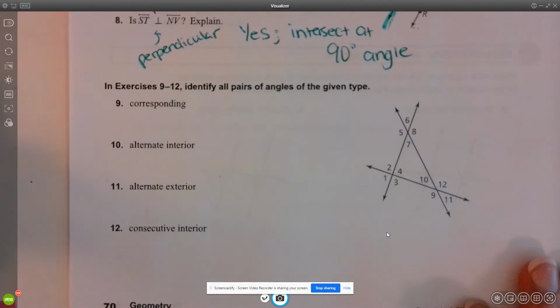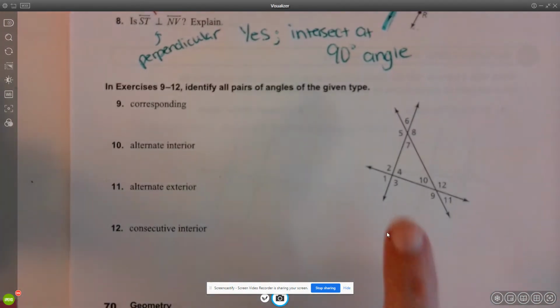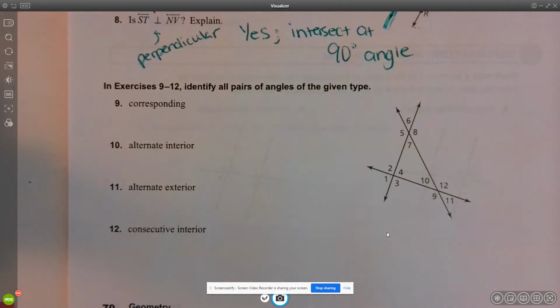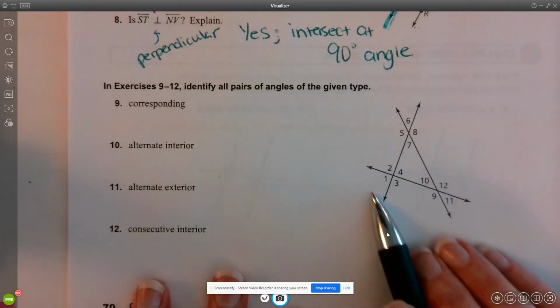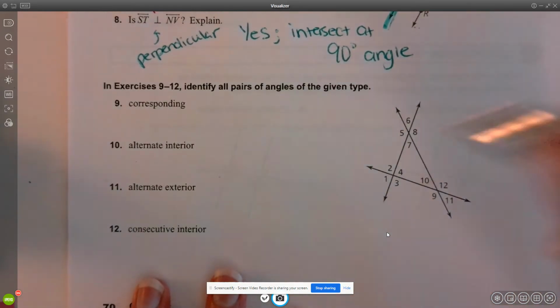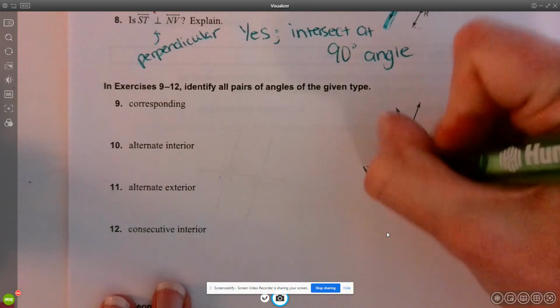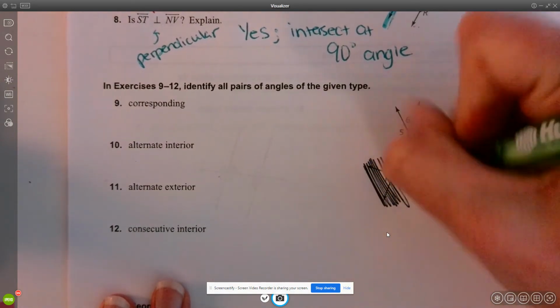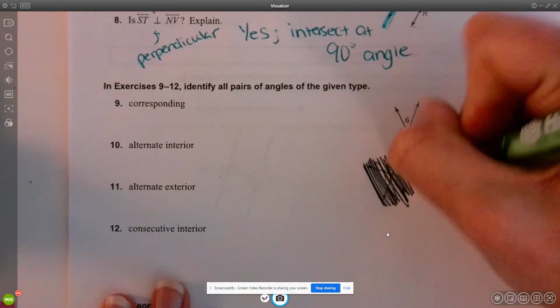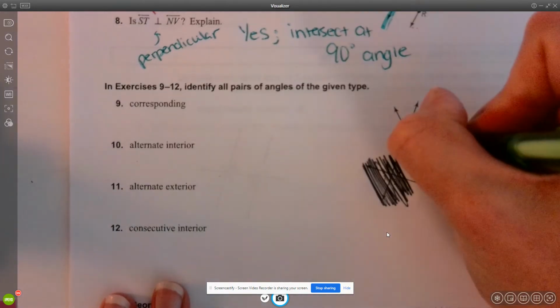So in your journal, this picture is way more complicated than I want it to be for now. And so we're going to take this group of angles and pretend like we're cutting that part of the picture out. So I'm just going to black it out here. Just pretend it's not even there. And we'll just add little arrows here.